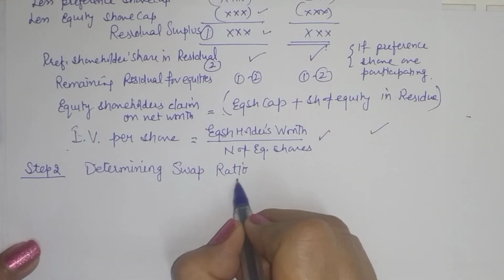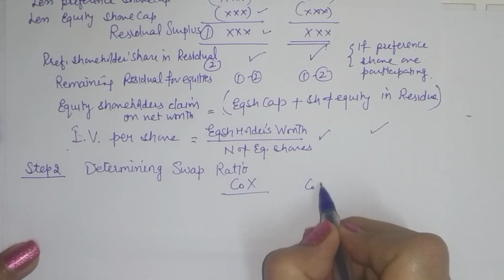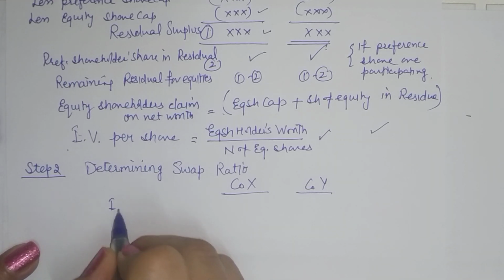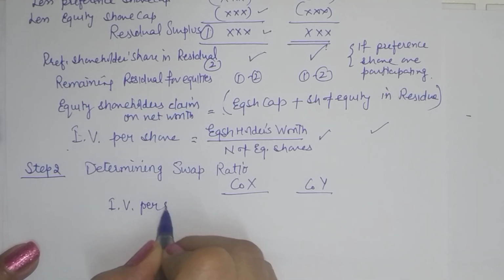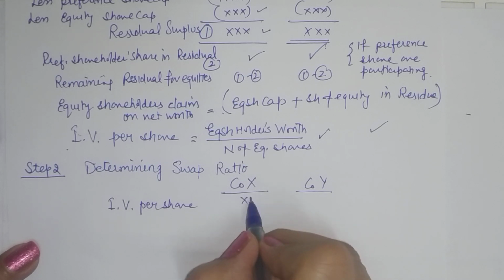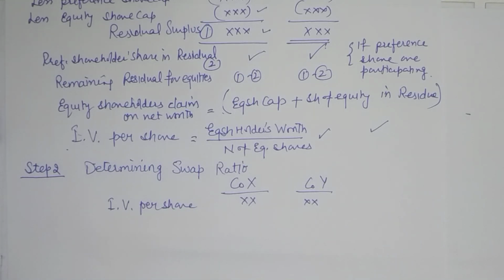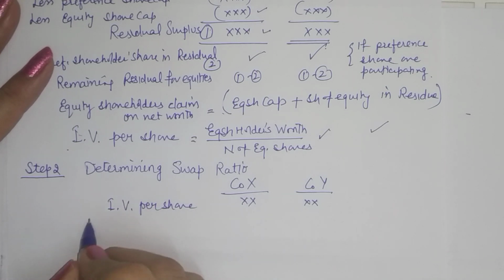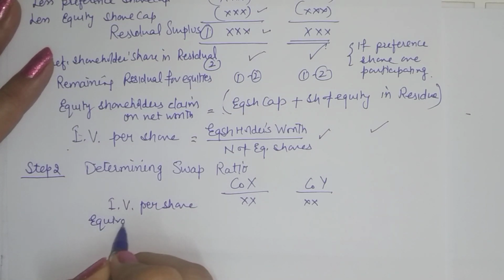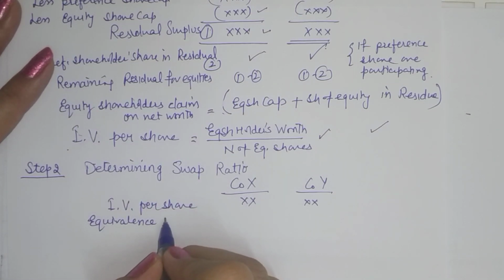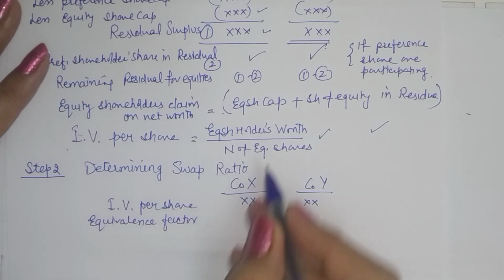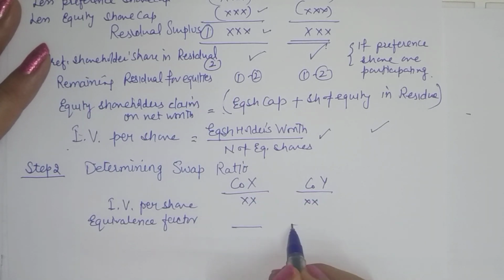We start with company X and company Y, and we know their intrinsic value per share. Whatever value we have determined or is given, swap ratio is based on the equivalence factor. Equivalence factor means that we multiply the intrinsic values in such a manner that the overall value of the shares becomes equal.